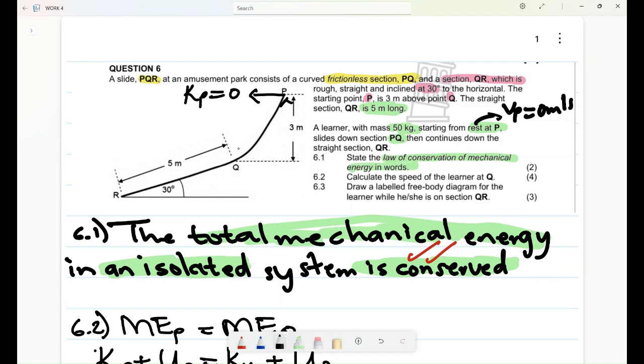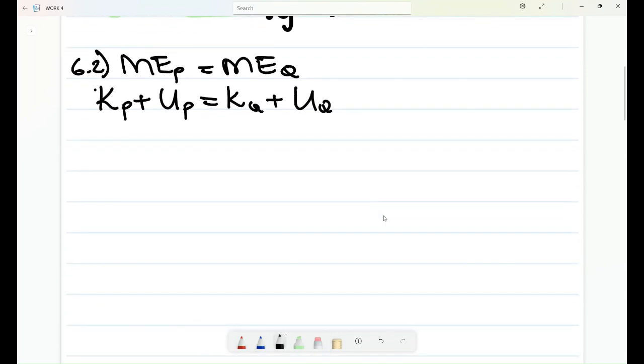So my height at Q with respect to P is 0 meters. So if it is 0 meters, it means my potential energy at Q is 0.